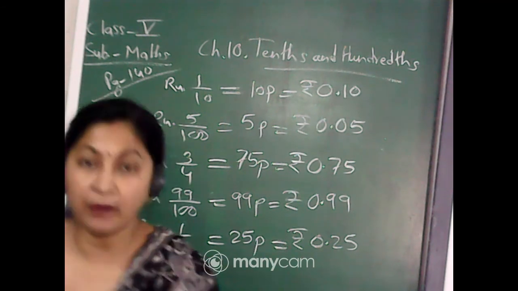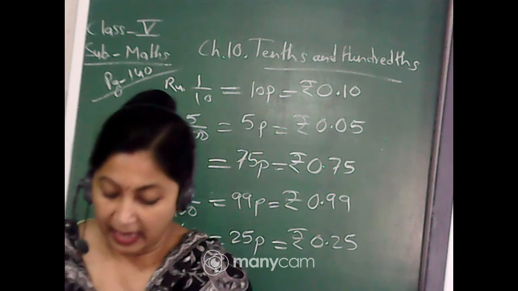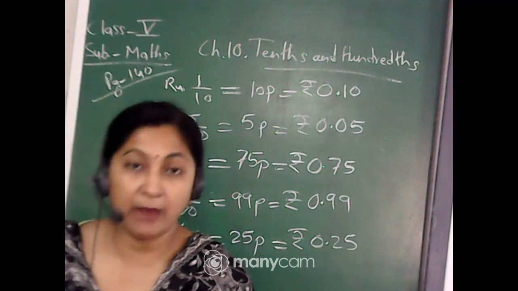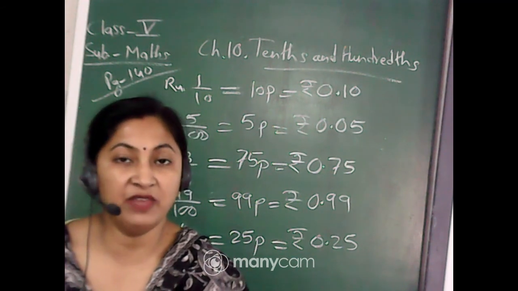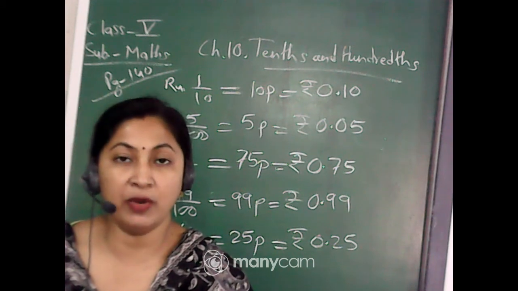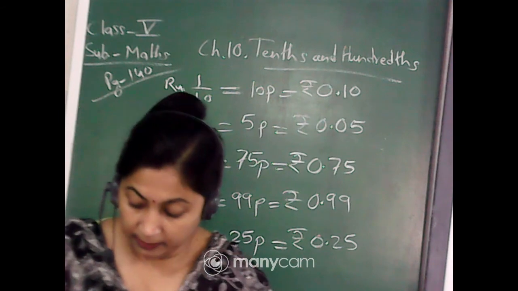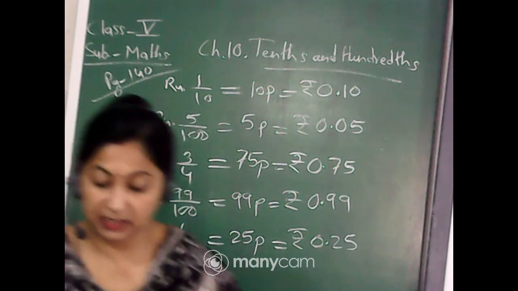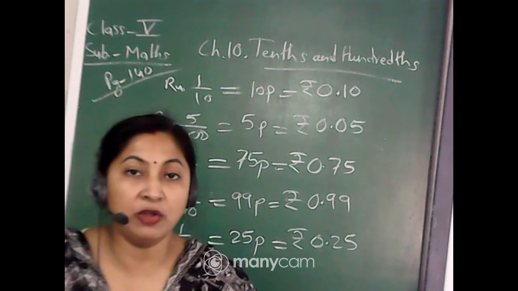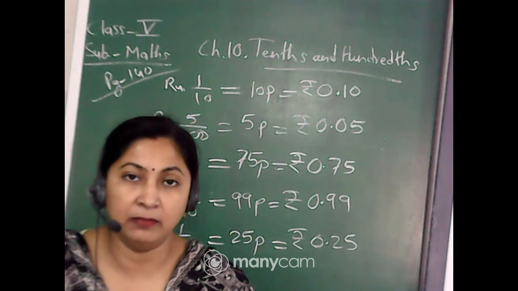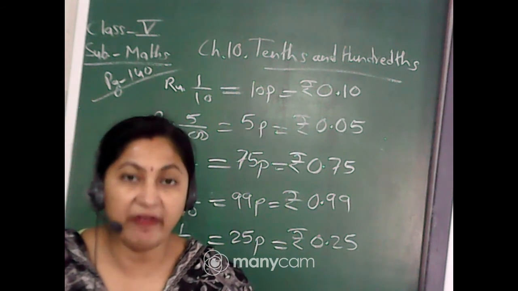That means the word problems you will write in the copy, and question number 5, A and B, both you will write in the copy with the words. It is a word problem, so you have to mention the statement. And then question number 1 of page 140, that is matching. This matching also you will write in your copy.